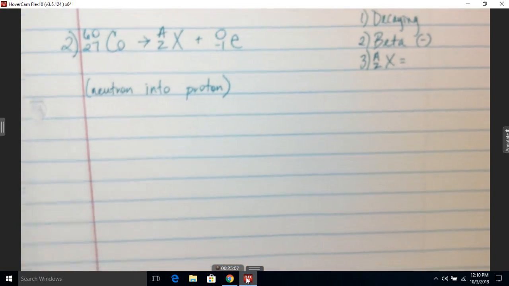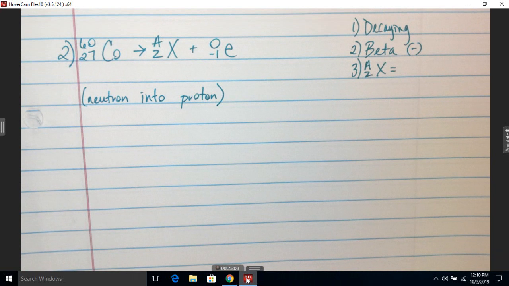A neutron into a proton. Where do neutrons live? Where do protons live? So if a neutron turns into a proton, does the amount in the nucleus change? No. Our mass doesn't change.